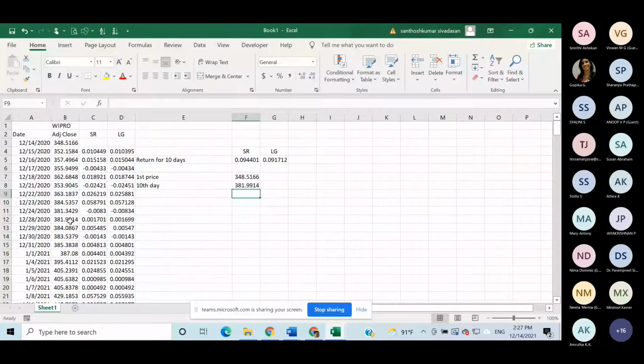So what I have so far done, I have computed the simple return and the log return. Now we are trying to distinguish what exactly the difference between these two is, which one is superior for security analysis, log return or simple return. That we are going to show.